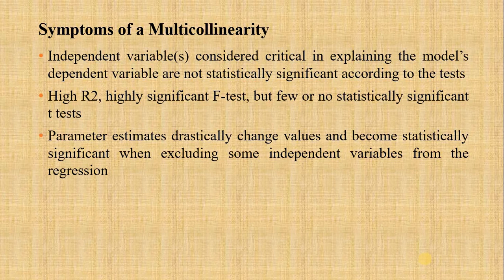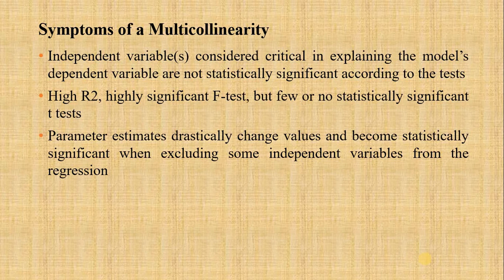Okay, and the third factor is that parameter estimates drastically change in their values, and variables become statistically insignificant when excluding some independent variables from the regression. So there are many independent variables in your regression.